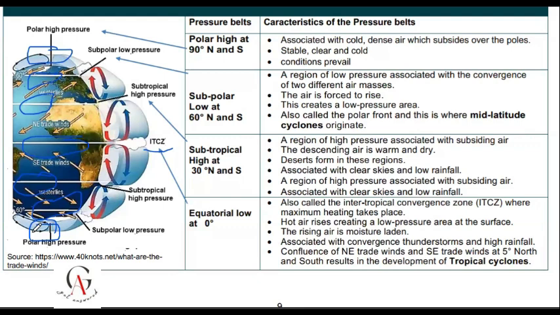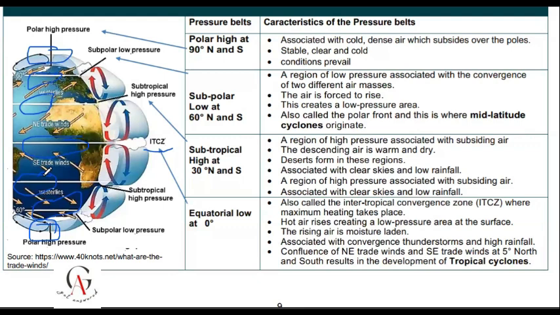Then we go to circulation cells. And also the main problem that we usually have is learners that confuse between a pressure belt and a circulation cell. Those two are not the same. We do have four distinct pressure belts.